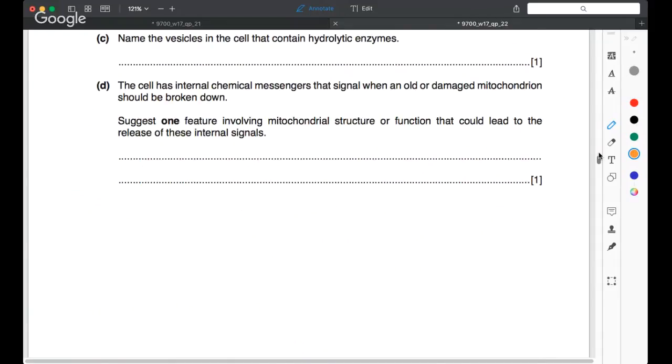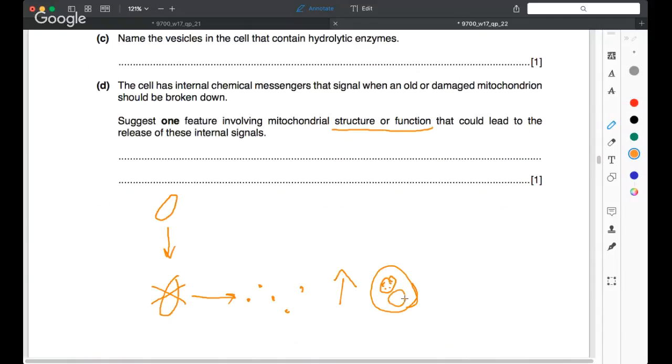The idea they're talking about here is that you have normal mitochondria, and for whatever reason it's damaged. Something about the structure or function of the mitochondria makes these internal messengers be released, which will then activate another organelle in the cell that can destroy it.